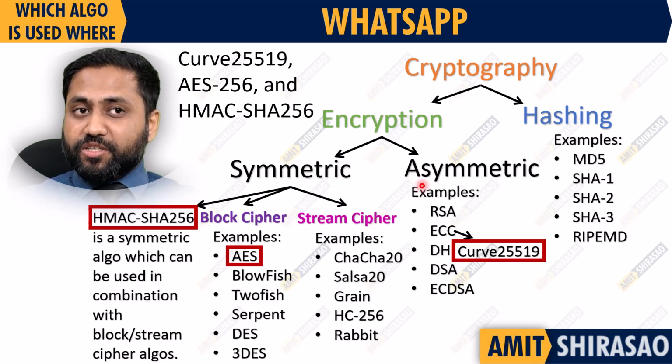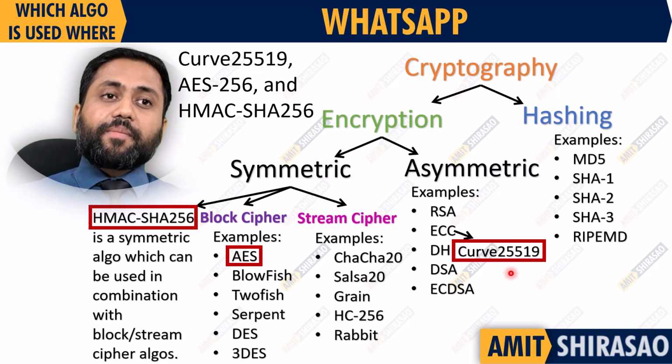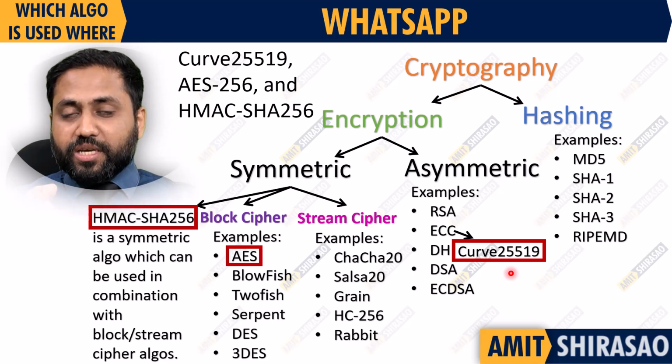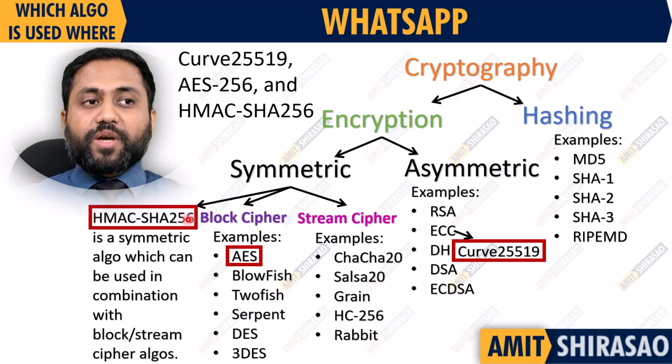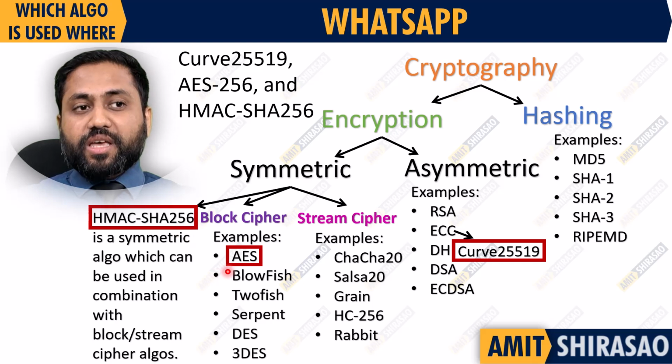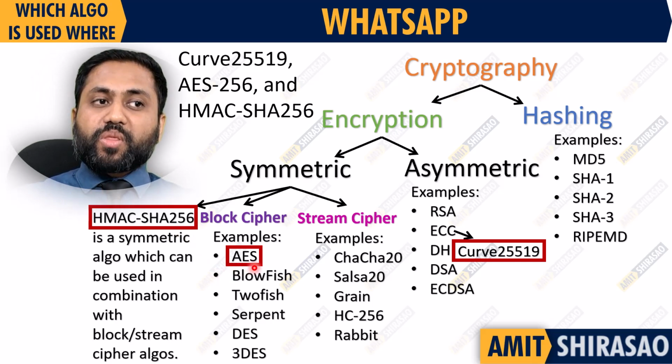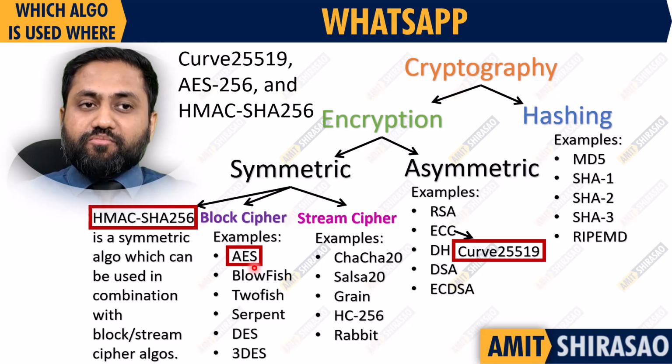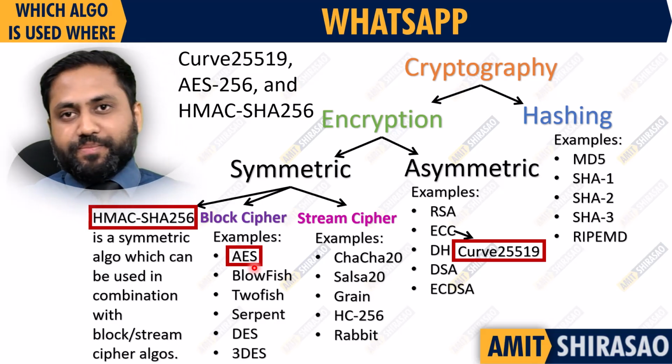It's an asymmetric algorithm, and then once the symmetric key is there, then they'll be using HMAC SHA-256 and AES for their bulk data encryption. Okay, so this is how WhatsApp works.